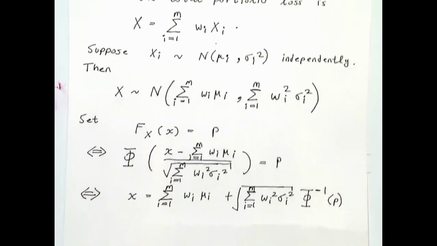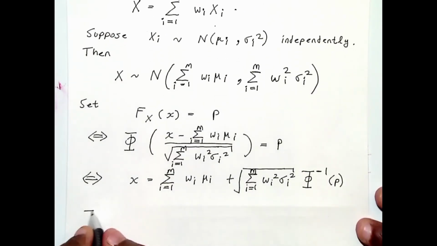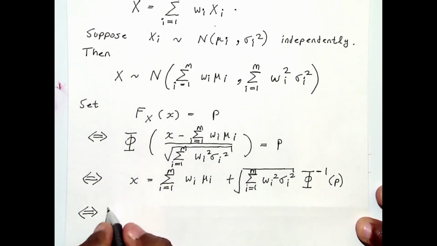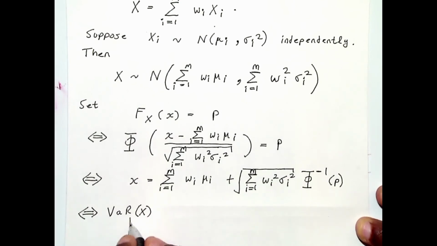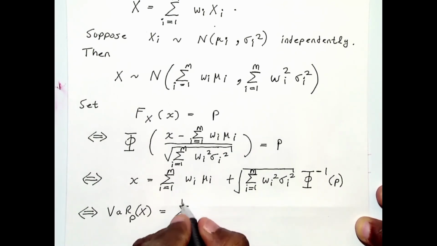All right, so this is the expression for x in terms of p. Hence, the formula for VaR of x at p is equal to what I have just written down.